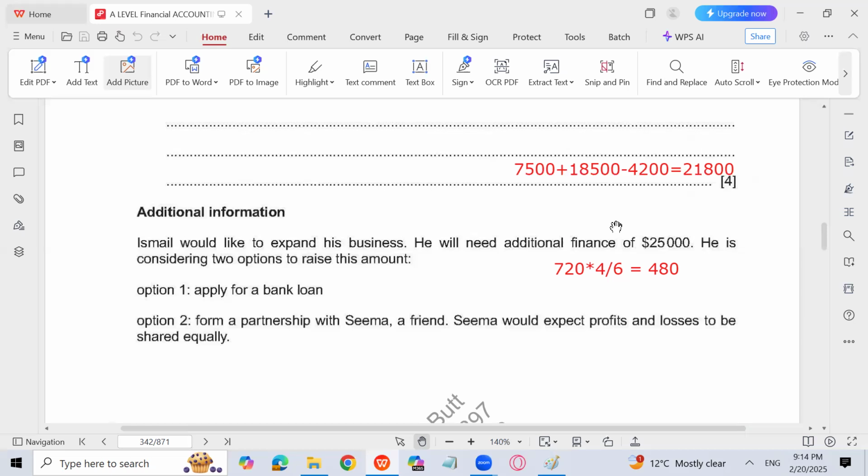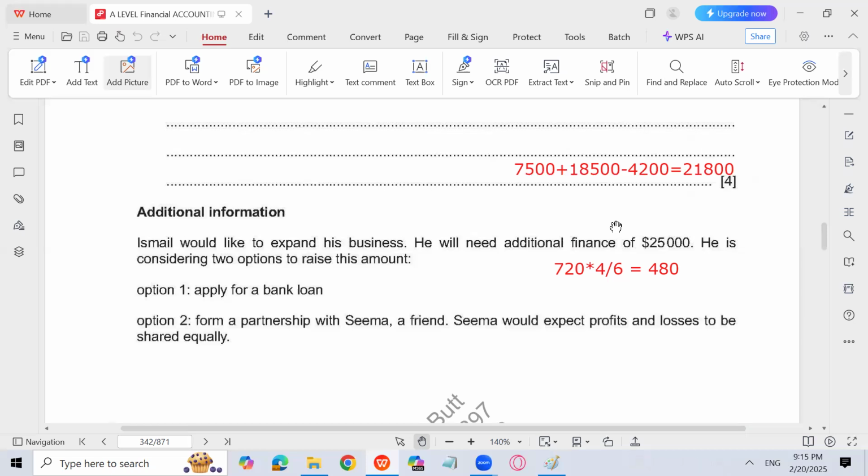So as far as I am concerned, I will go with the partnership because A.C.M.A will bring the 25,000, compared to a bank loan, which is a big amount actually. If we go for a bank loan, we have to pay a big amount of interest. If it is 10%, then 2,500 interest, which will definitely hamper our profit. So partnership will be a good deal, I believe, because she will come not only with the capital, but maybe with better skills, more expertise, more knowledge.